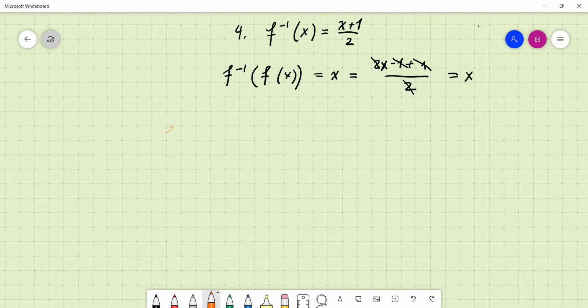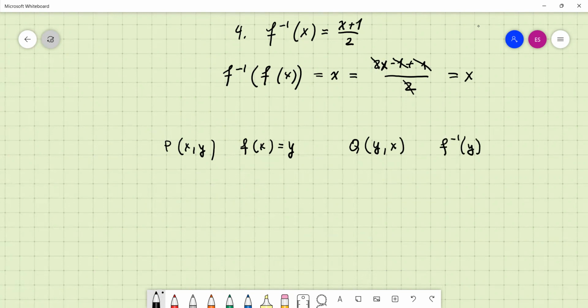So I'm going to write, oh, sorry. Allow me to erase, I want to use a black marker. So I'm going to write down that if point P has coordinates x and y and it's produced by the equation f of x equals y, and point Q, which is symmetrical, with coordinates y and x, is going to be produced by f of y equals x.